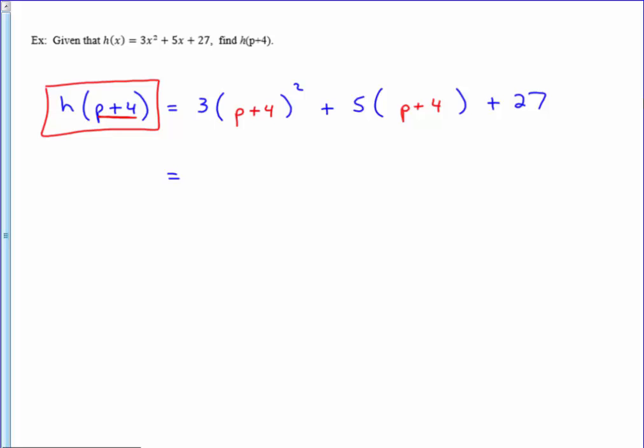Now, this first part, anytime you have what we call a binomial squared, it means write that binomial twice. The 3 that we have in front, you're just going to leave, and then we're going to write p plus 4 times p plus 4.